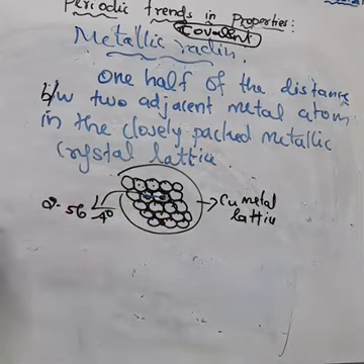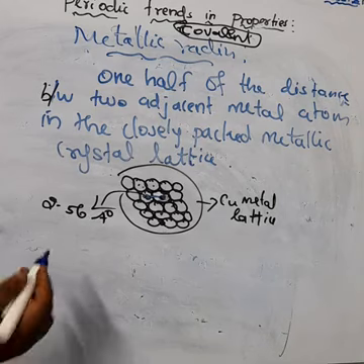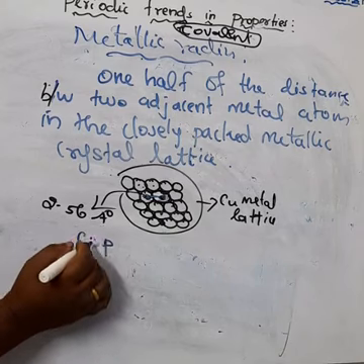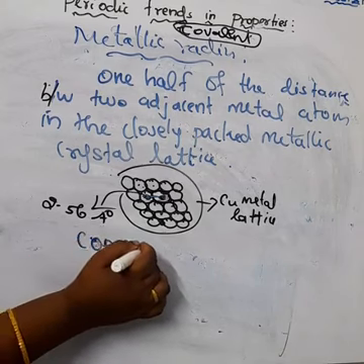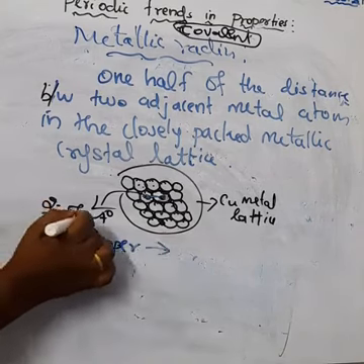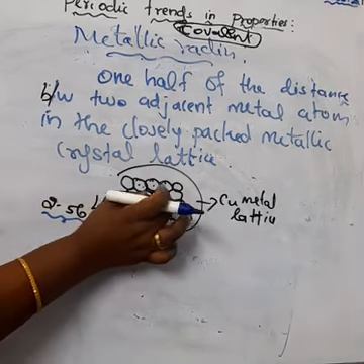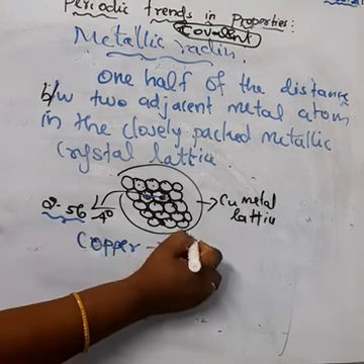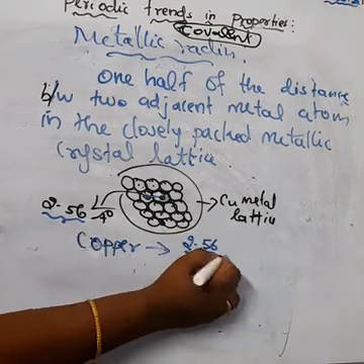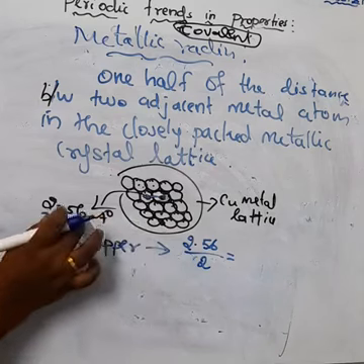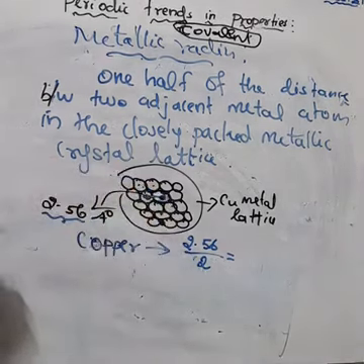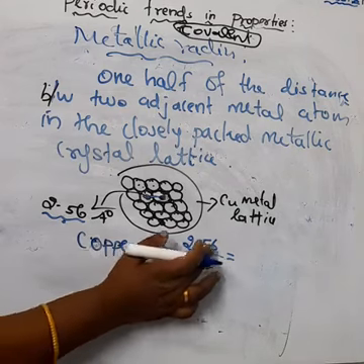Using this value, we can calculate the metallic radius of a single copper atom. 2.56 is the distance between the adjacent copper atoms, and the radius of a copper atom is 2.56 divided by 2.